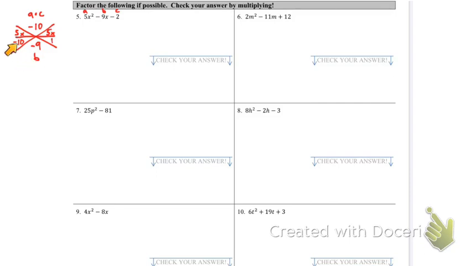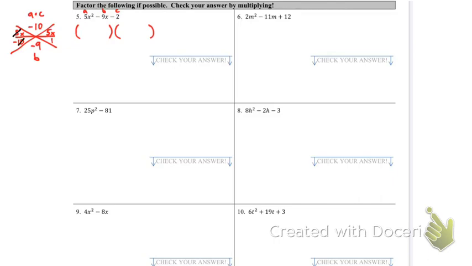So you look, negative 10 times 1, negative 10, negative 10 and positive 1, that's negative 9. So now what we want to do is put this into factored form. So we look here, 5x and negative 10, can I reduce? And you sure can. We are going to reduce by 5.